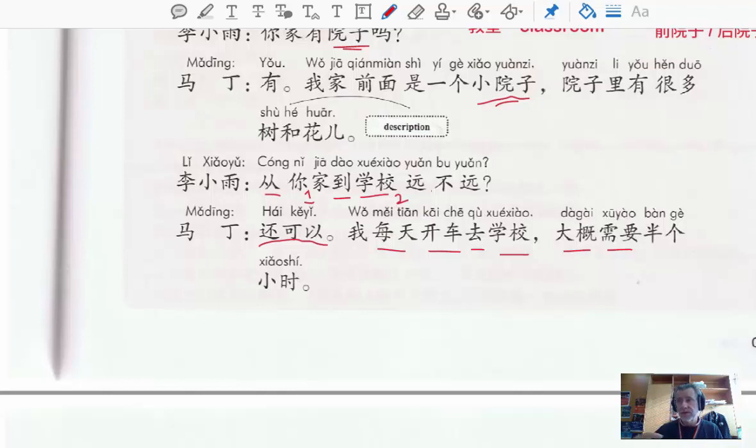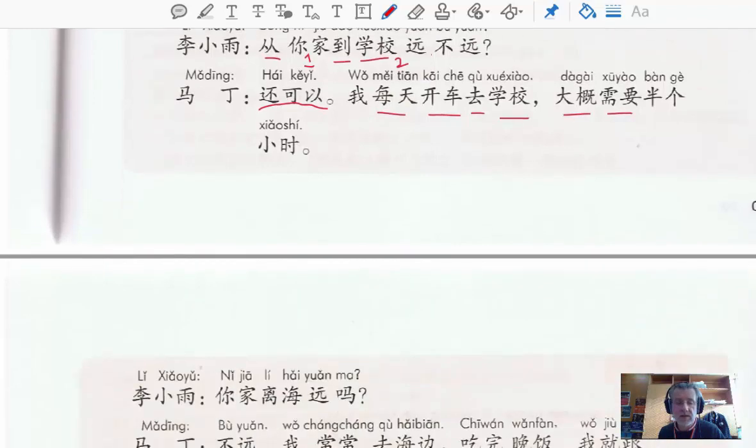So it could be to need something as in, 需要帮助, you need help, but it can also mean to need in terms of how much time something takes. So it needs half an hour, 半个小时. But we would probably say it takes approximately half an hour.